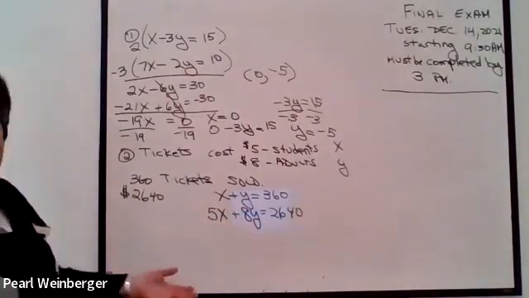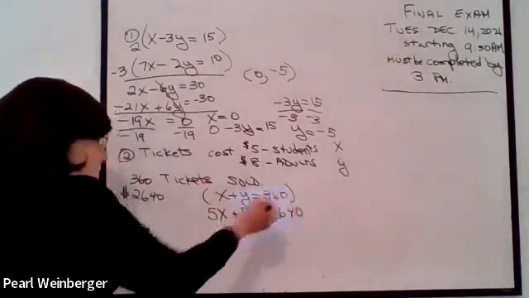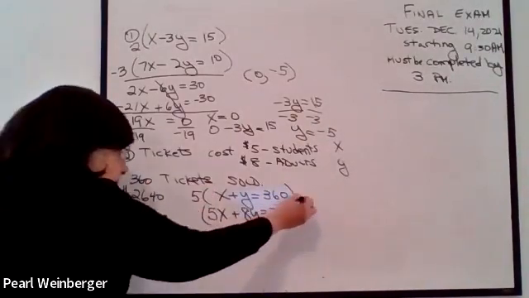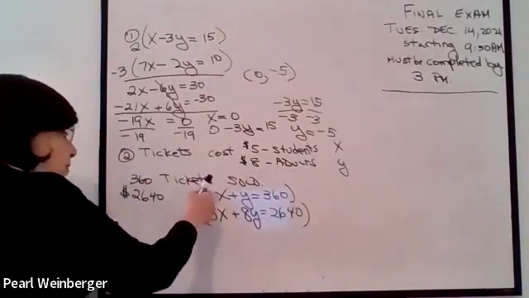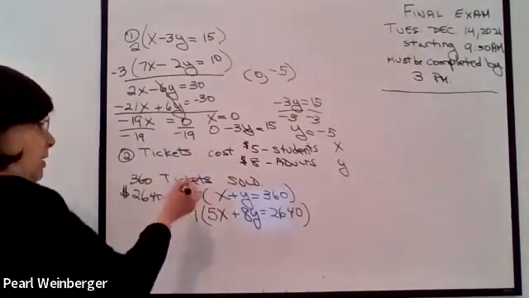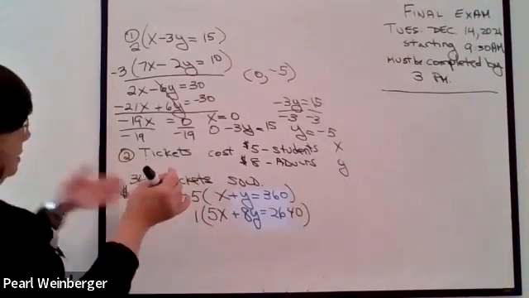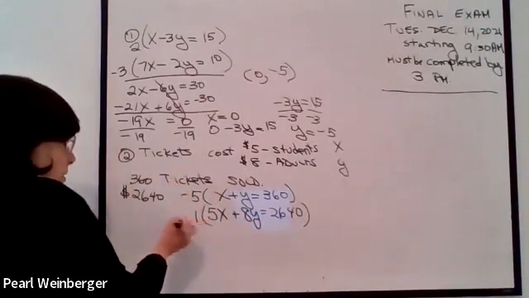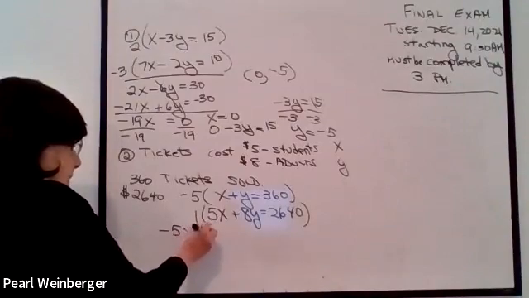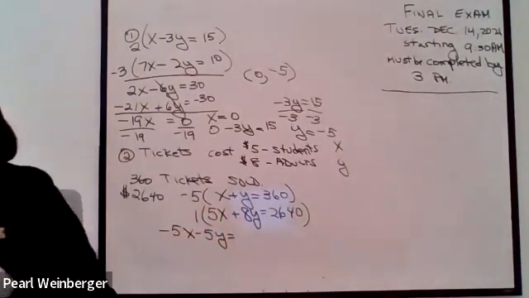Again, we want to solve this. Let's get rid of the X's now, which means I'm going to multiply this by 5 and this by 1. But again, they're both positive, and we need one to be positive and one to be negative. So we have to use a negative with one of them. I'm using it with the first one. So the top equation becomes negative 5X minus 5Y equals, okay, where's my calculator?